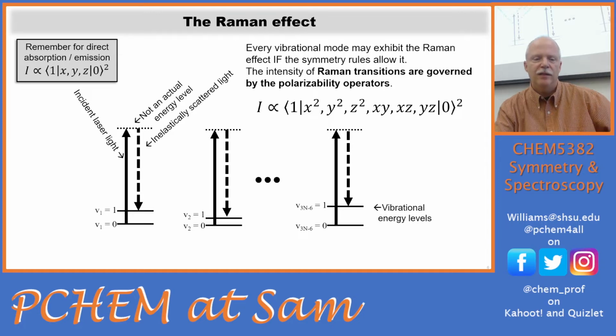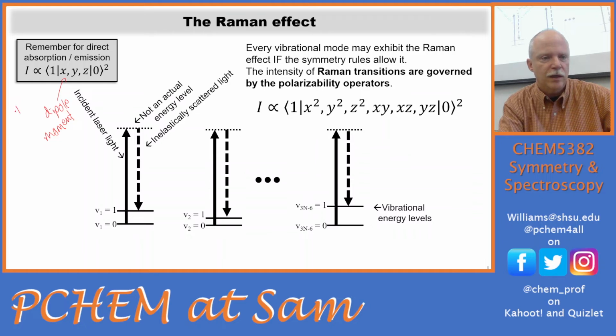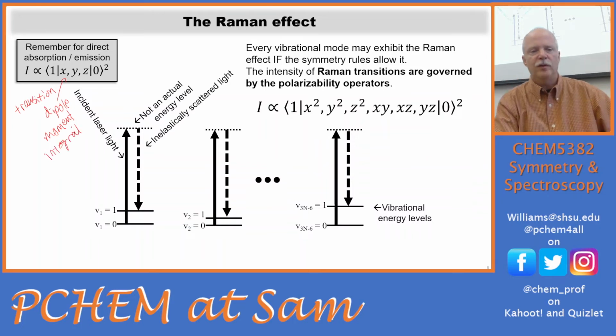And so we have these symmetry elements that we can look at. So direct absorption and emission is governed by this transition dipole moment integral, with X, Y, or Z used as the dipole moment. So this is the transition. And that's what we saw for the particle in a box.